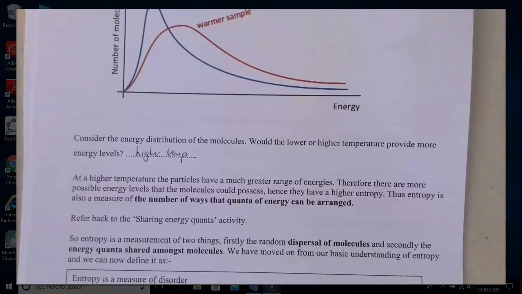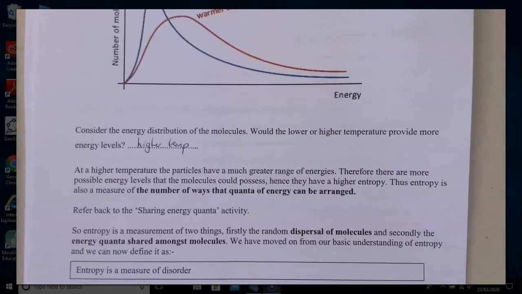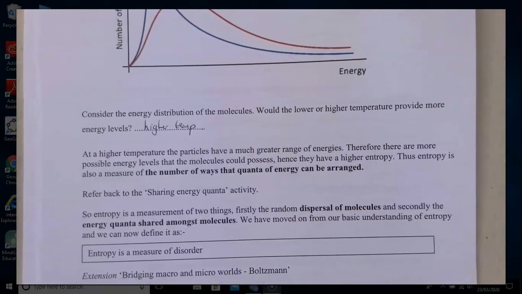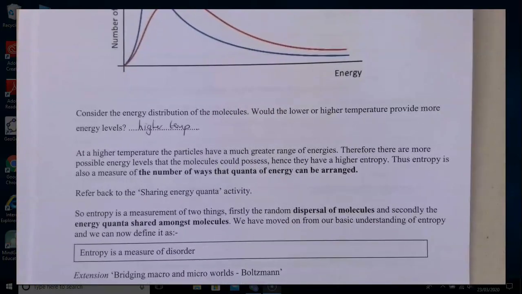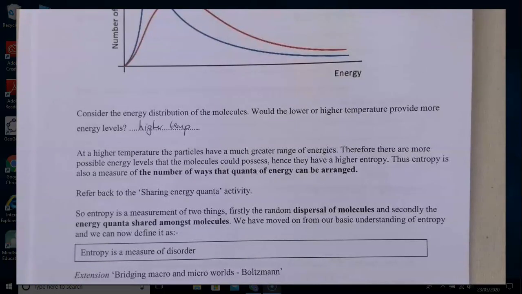So at higher temperatures, they have not only more packets of quanta, but also they have available a greater range of energies. Okay, so the entropy is a measurement of two things. First is that random dispersal of molecules, and secondly is the energy quanta that is shared. Now, although your exam board accept entropy as a measurement of disorder, and it's a good enough tool, it's not something I personally like.